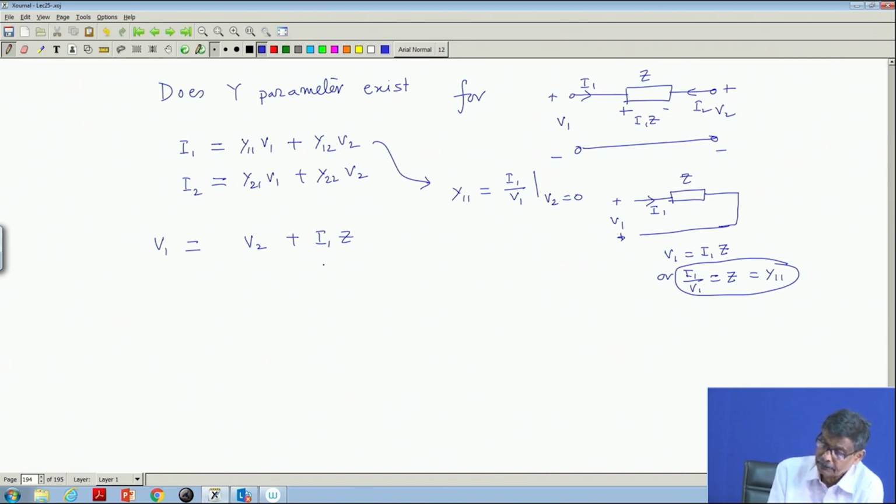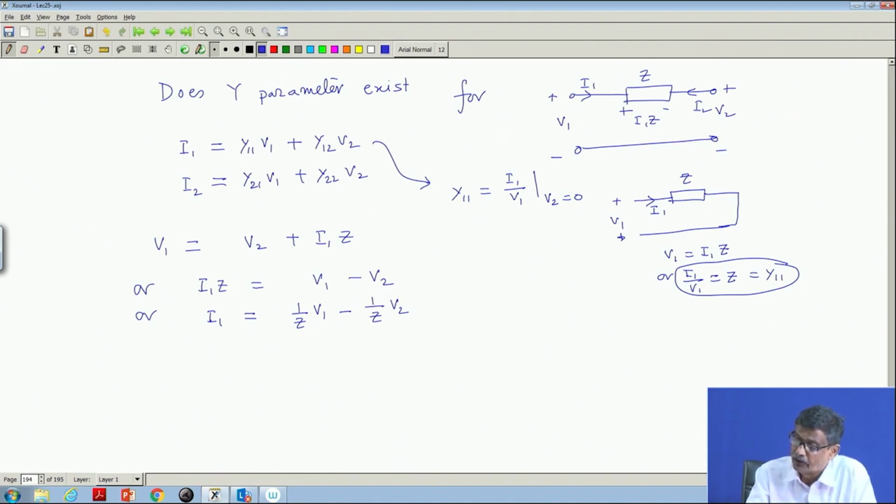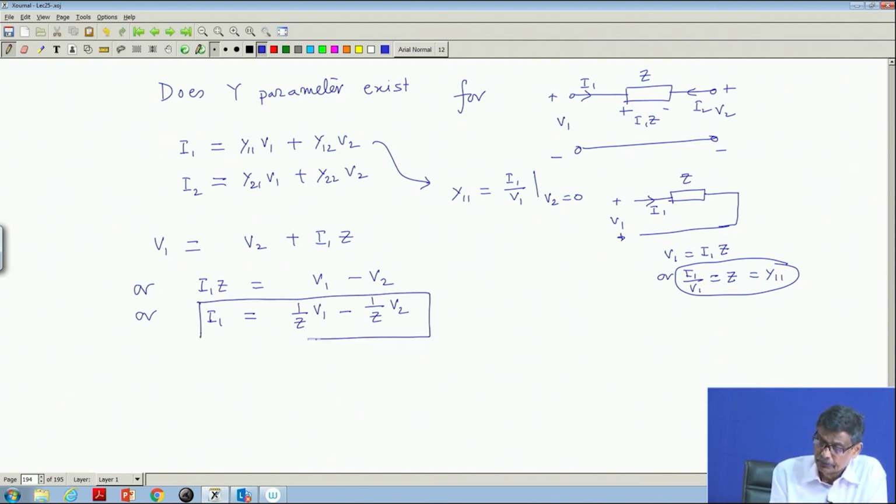Therefore, I can manipulate this equation and write that I1 Z is equal to V1 minus V2, or I1 is equal to 1 by Z into V1 minus 1 by Z into V2. This Z is the original two port network, a simple network like this. So, this is one equation. I have been able to express I1 as a function of V1 and V2.